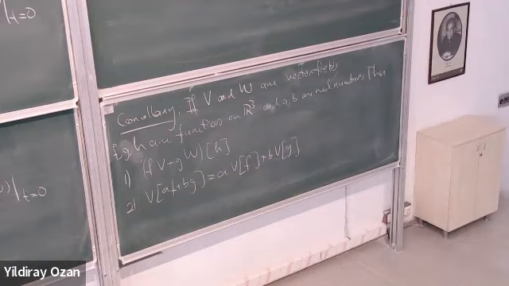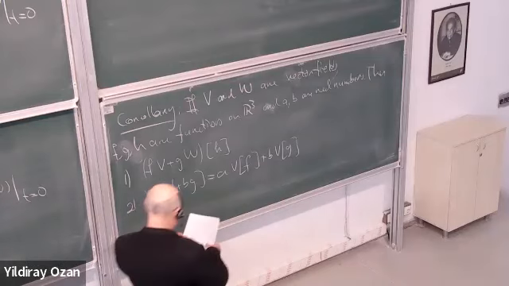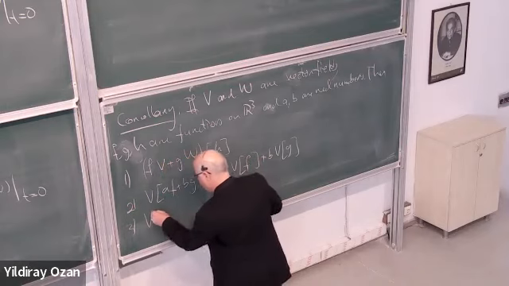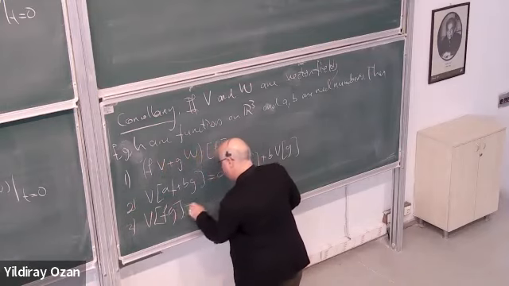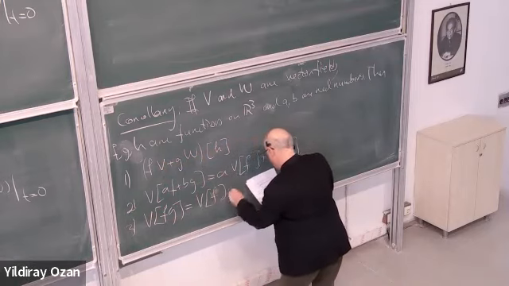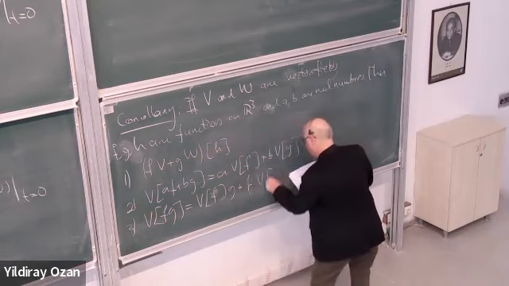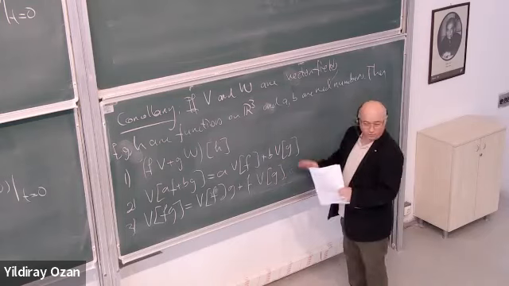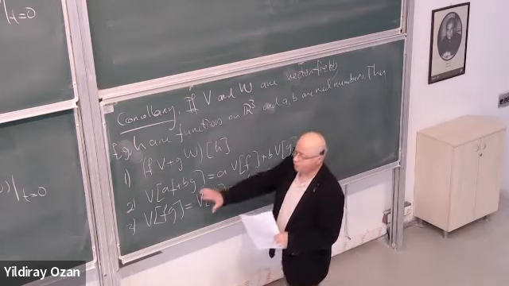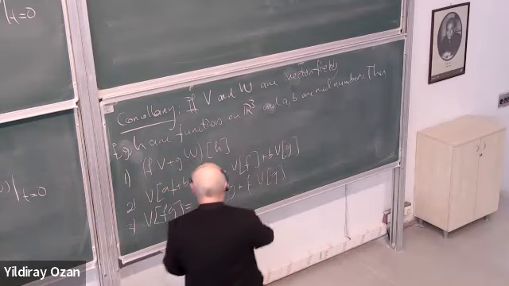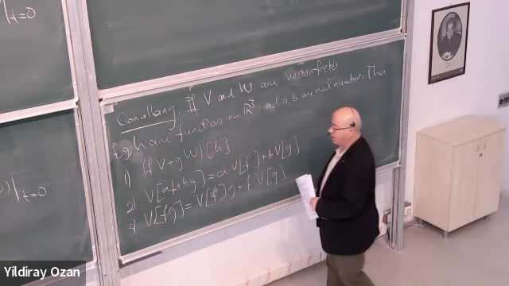So we regard this gadget as a function of P. And the third one is V of FG is just V of F times G plus F times V of G. Instead of giving a proof of this, these proofs are enough. I'll just explain this on some examples.